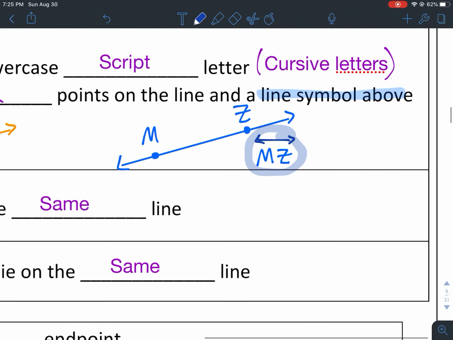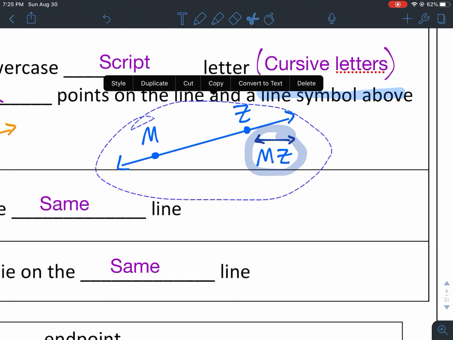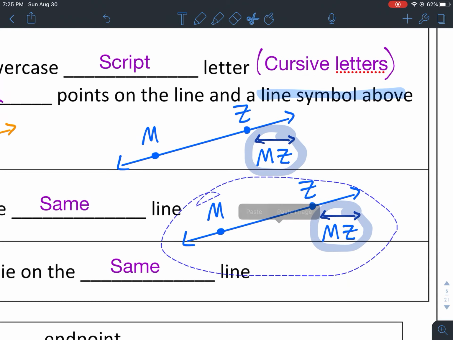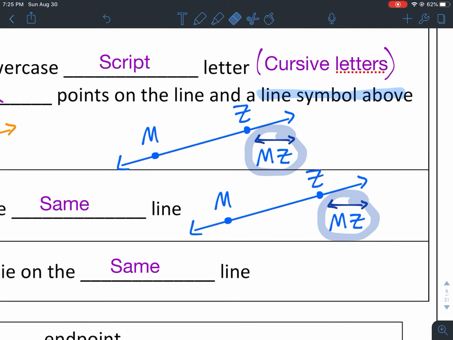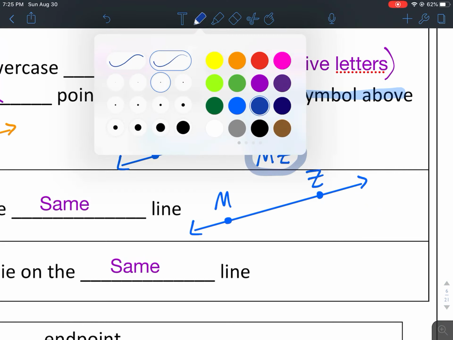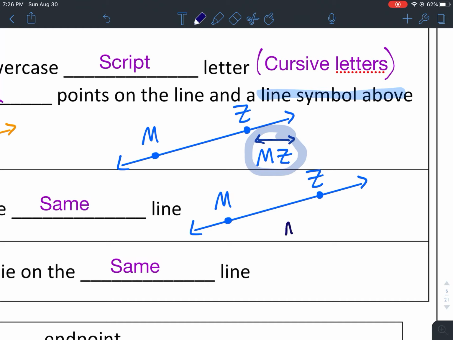So I'm just going to essentially copy this picture here, and I'm going to say that M and Z are collinear because they're on the same line.